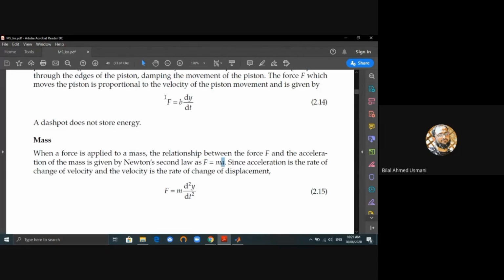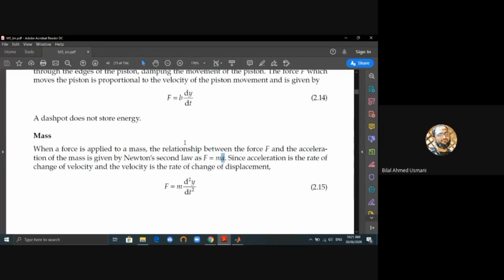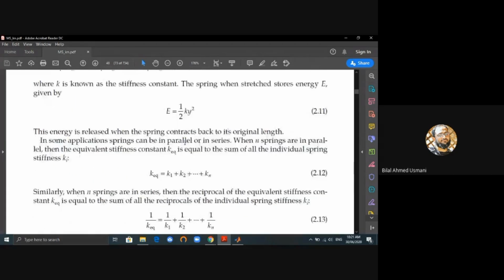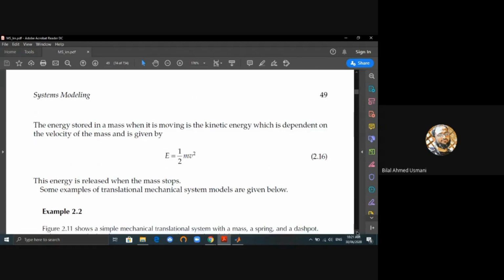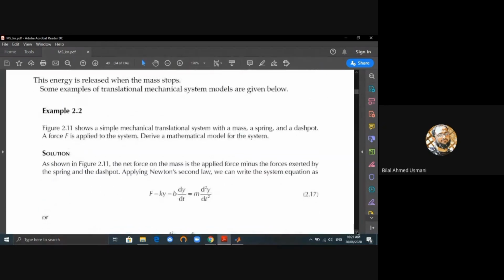So in terms of the dashpot, force is directly proportional to the velocity. In terms of mass, force is directly proportional to the acceleration. Now the energy stored is half mv square, which is the very famous relationship for kinetic energy. There are some examples, but we will look at only the first, and that's all.